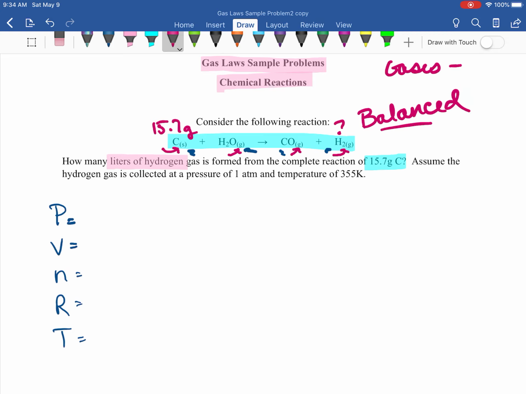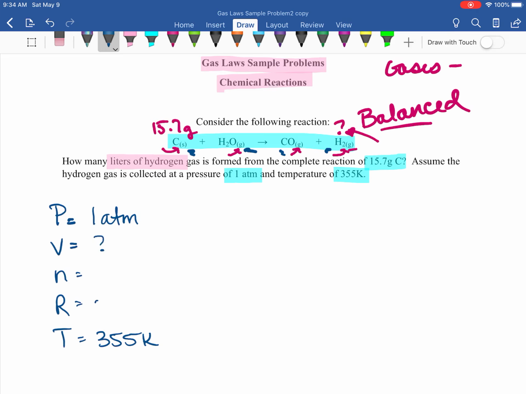We're starting with that solid, and what we're trying to solve for is our hydrogen, which is a gas. Assume the hydrogen gas is collected at a pressure of 1 atmosphere, and we're already in atmospheres. That's awesome. And a temperature of 355 K. I love it. Already at 355 K.